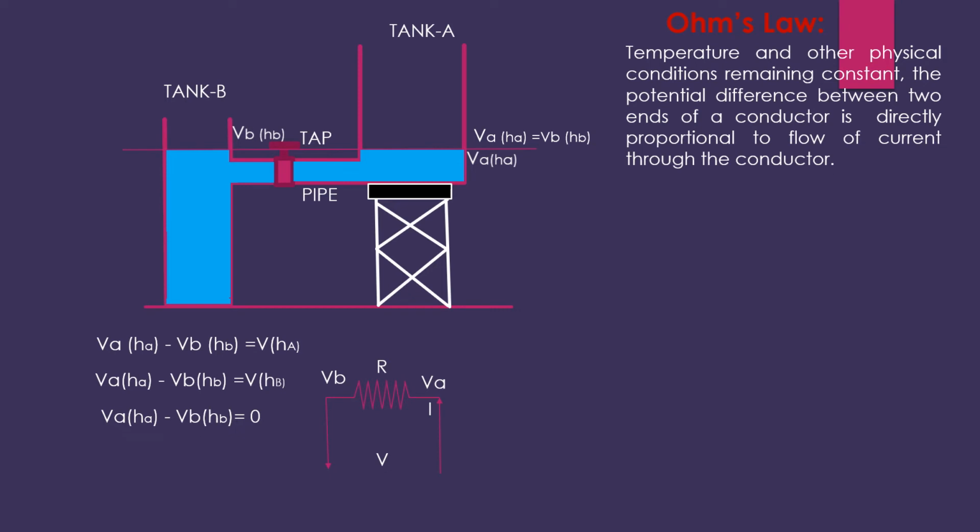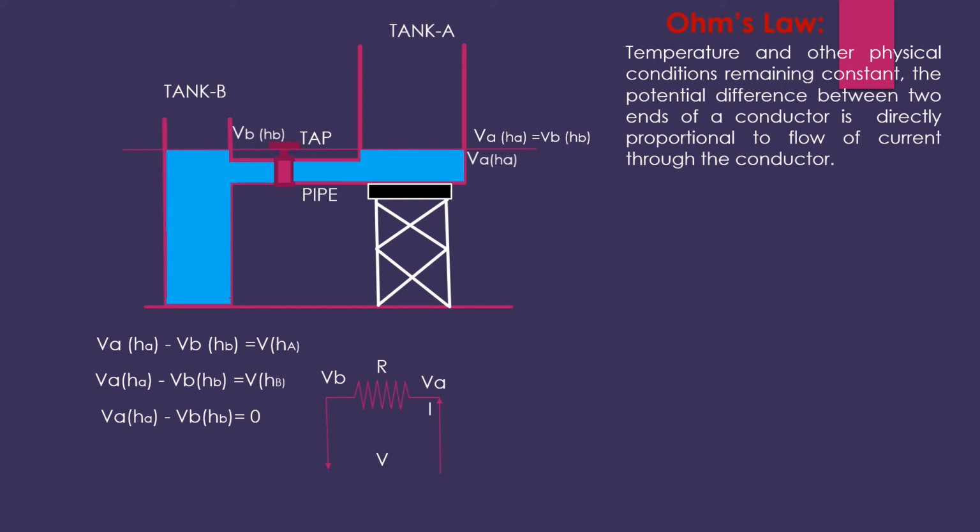At this position, the difference of water level is 0 and no flow of water will occur further. Likewise, if potential difference becomes nil, current will not flow through the circuit.